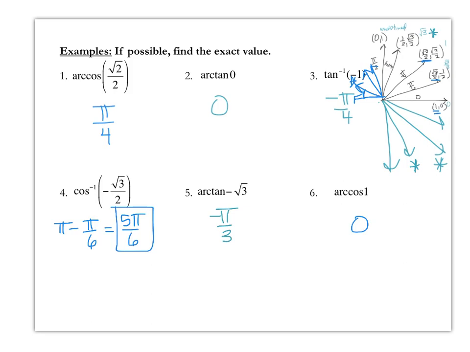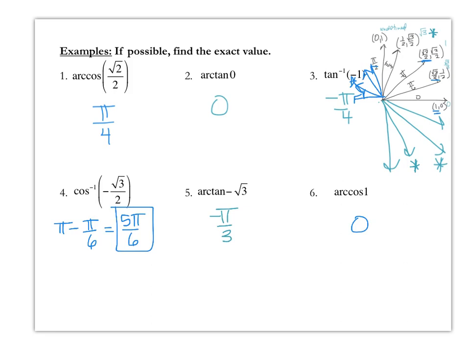So the gist with these is they're giving you the answer, you're going backwards, you're trying to find the angle that happens at that value. What you have to be careful with is how you report that answer, especially when it's negative. If it's positive, it's going to be a first quadrant answer.